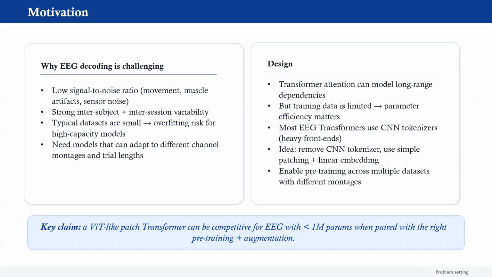This is to be determined, whether this paper has actually achieved that, but this is their claim. Practically, this can also allow pre-training across multiple data sets and transfer to downstream decoding tasks. Okay.